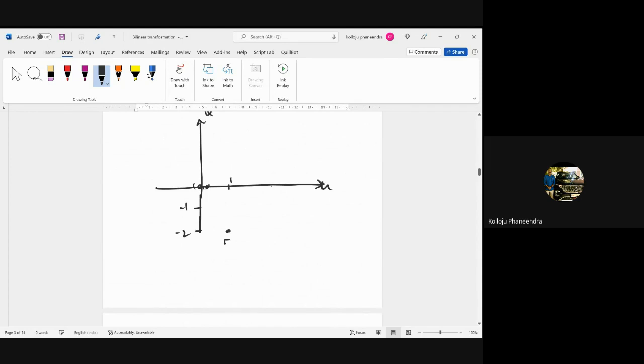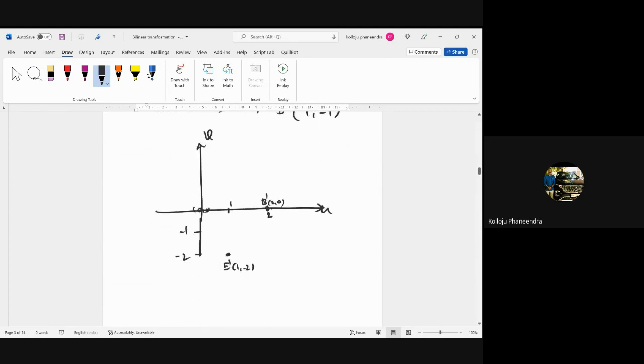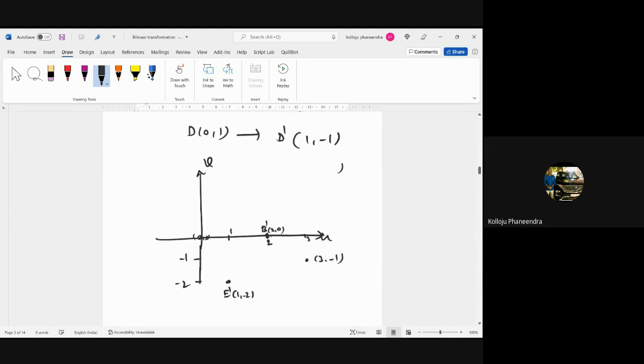This is the point E dash. Next one, 2 comma 0. This is the point B dash, 2 comma 0. This point is 2. Done. And next point is what? C dash, 3 comma minus 1. This is 3, 3 comma minus 1. Next point is what? 1 comma minus 1. This is D dash.